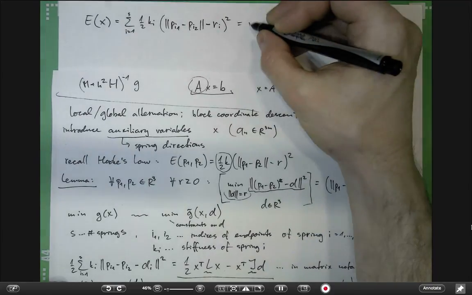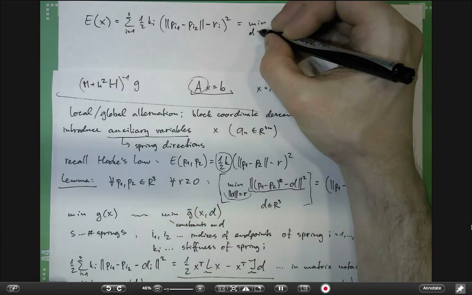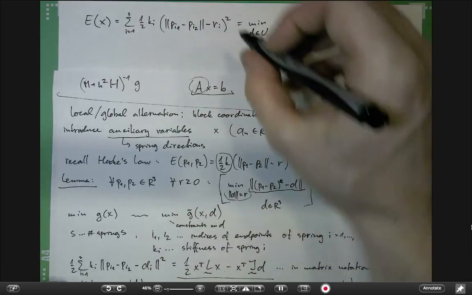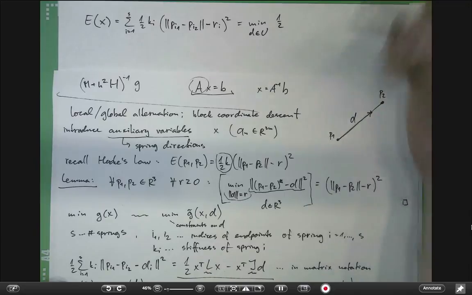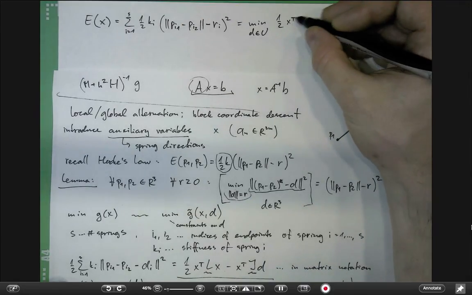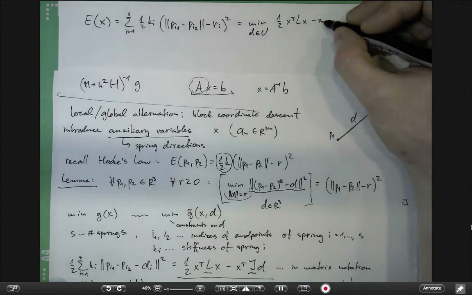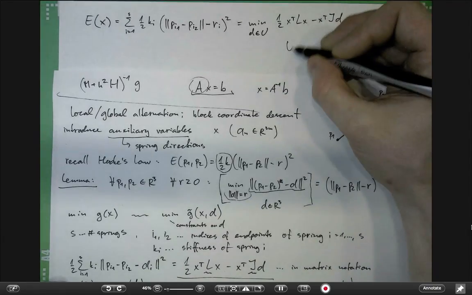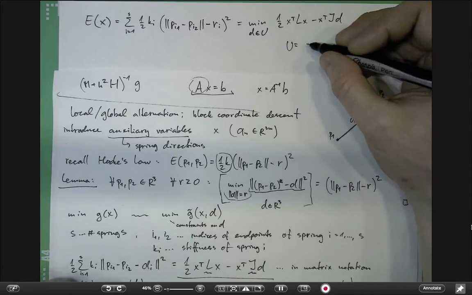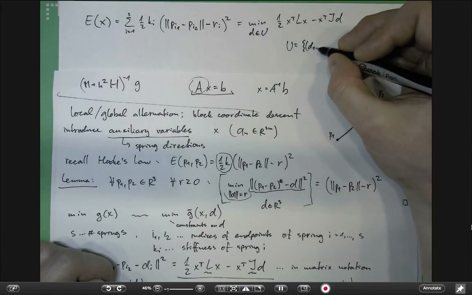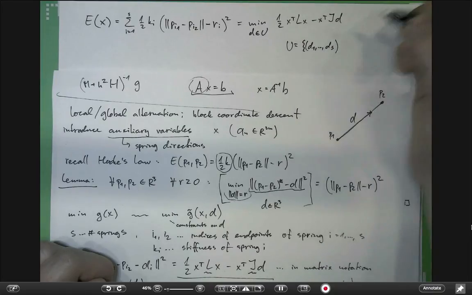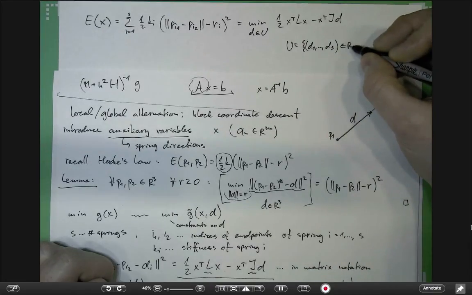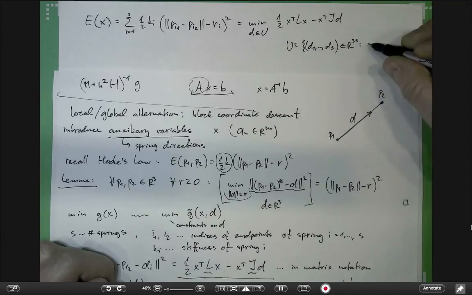I can write it as a minimum over d from some set U, which I will specify in a second, of 1/2 x transpose L x minus x transpose J d. And the set U is, you could probably guess it, the set of all spring directions d_1 to d_s which satisfy the constraint that the d_i vector has length r_i.